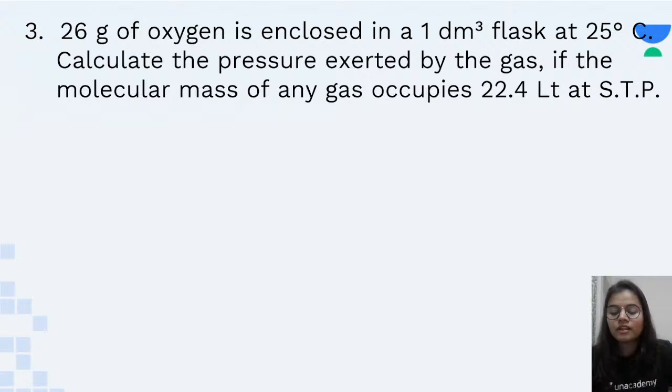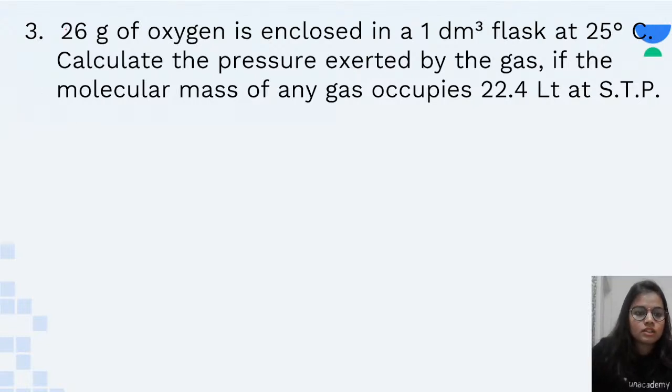The next question says 16 gram of oxygen is enclosed in a 1 dm cube flask at 25 degrees Celsius. Calculate the pressure exerted by the gas, if the molecular mass of any gas occupies 22.4 liter at STP. Now what is given to us?